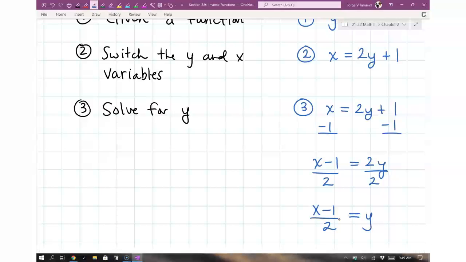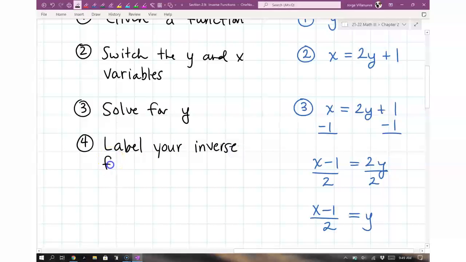And here's the last step. Label your inverse function. Okay? And you're going to label it like this. f inverse of x.